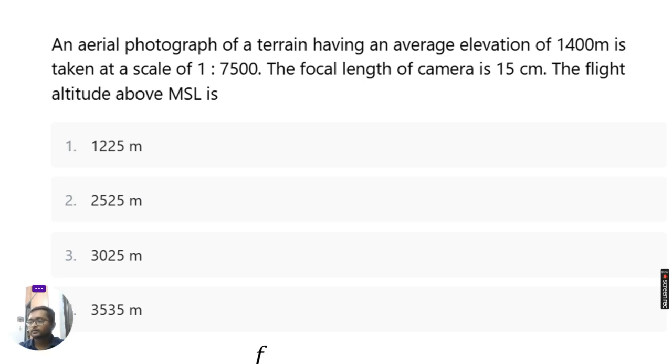Those who joined just now, we are solving this question. Yes, option 2, 2525. So we are doing this numerical where we have to find at which altitude the flight is flying such that the image which we are taking is at a scale of 1:7500, and the average elevation of the terrain is 1400 meter.